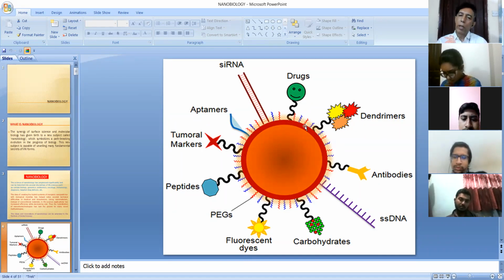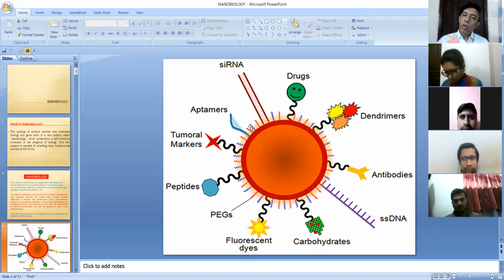For example, this is a quantum dot. If it is a gold quantum dot, its height, length, and width all are in nano dimension.